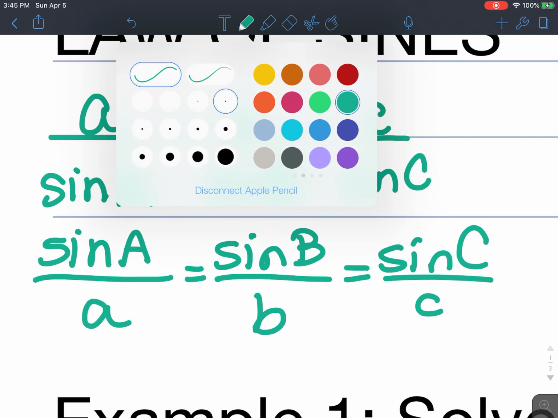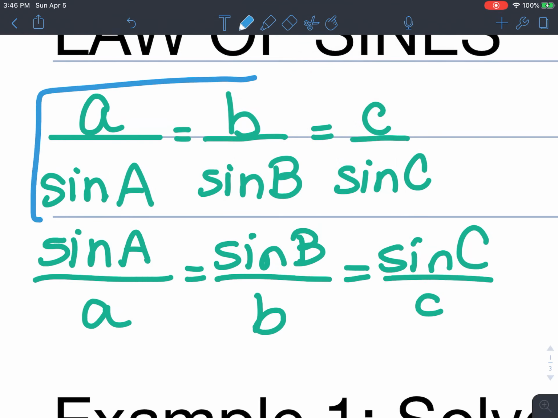You're really only using one pair of these at a time. But all together, all three of those little fractions are congruent. And you can use the A over sine A with the C over sine C. It doesn't matter that they don't touch each other because they're all equal.